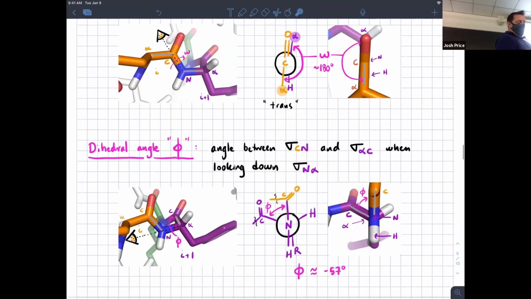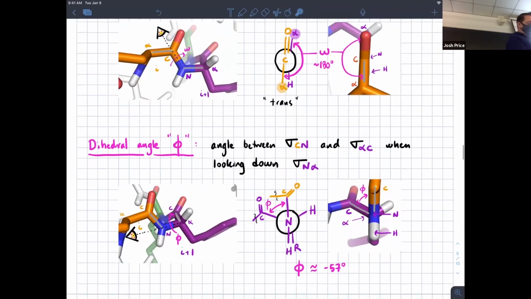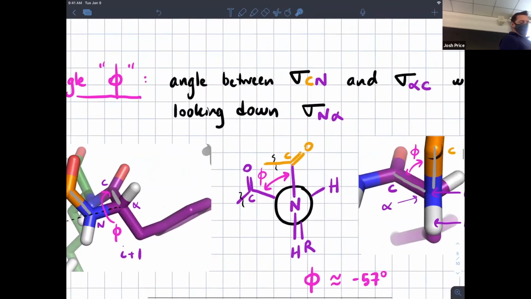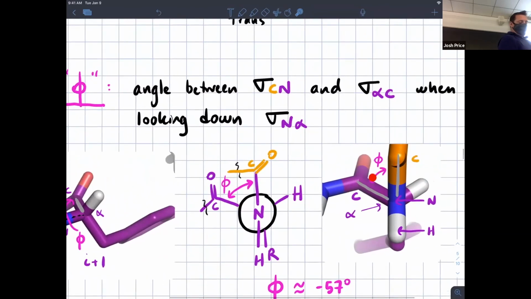Most of the phi angles, if you look down the bond between amide nitrogen and alpha carbon, you get this sort of perspective. And if you measure that dihedral angle, you come up with the answer about -60.